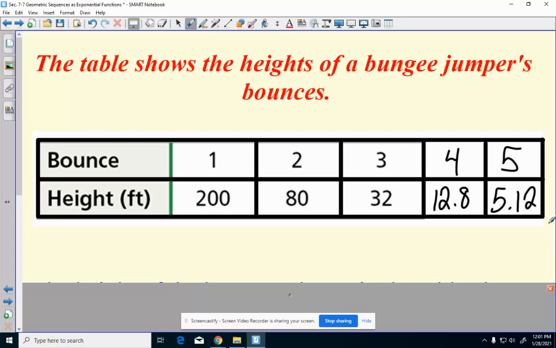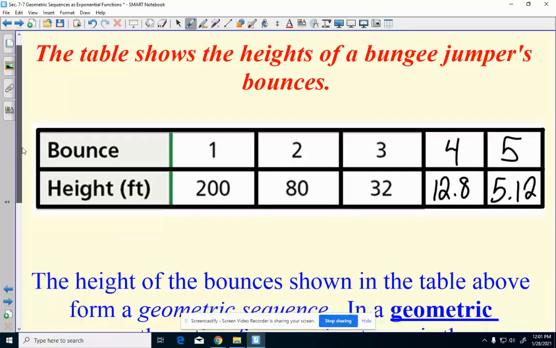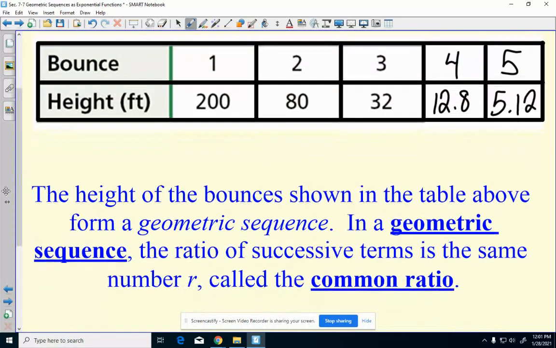However, if we are going to define these bounces as a geometric function or a geometric ratio or sequence, we're not going to use division. So is there a way that you can figure out how to still produce those same results through some form of multiplication?